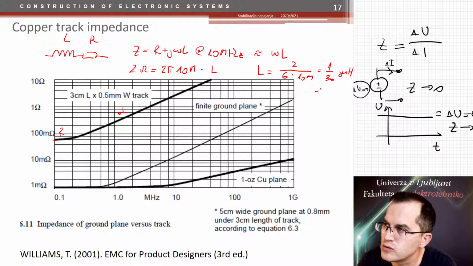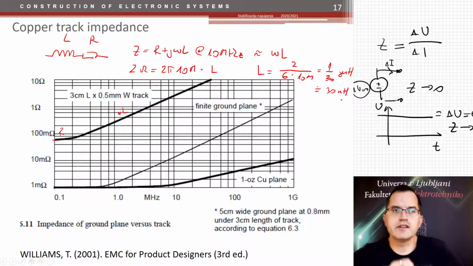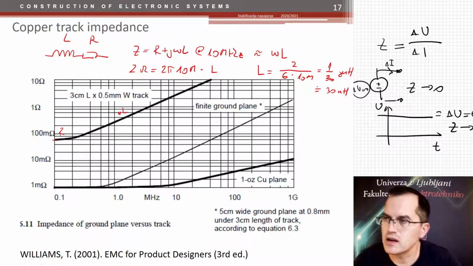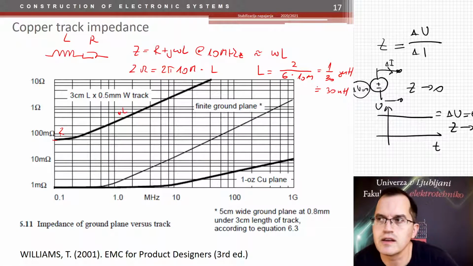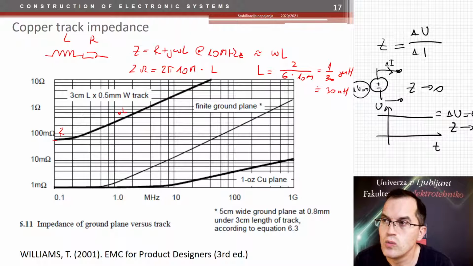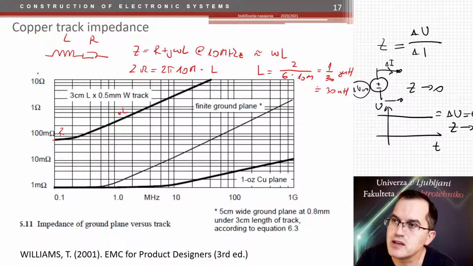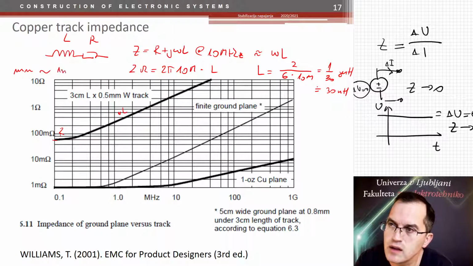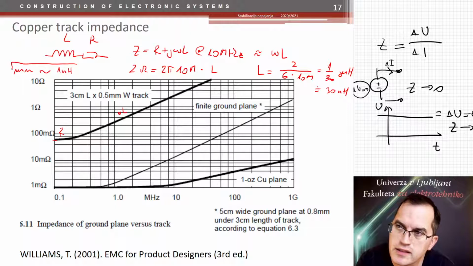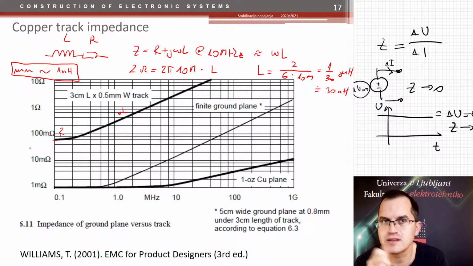So it would be in the range of 30 nanohenries. 30 nanohenries is a single track, 3 centimeters long and 0.5 millimeter wide on the PCB. So we can say that each millimeter of track on the PCB would correspond to 1 nanohenry. That is something you could remember, because it is quite easy to remember and very useful to know.